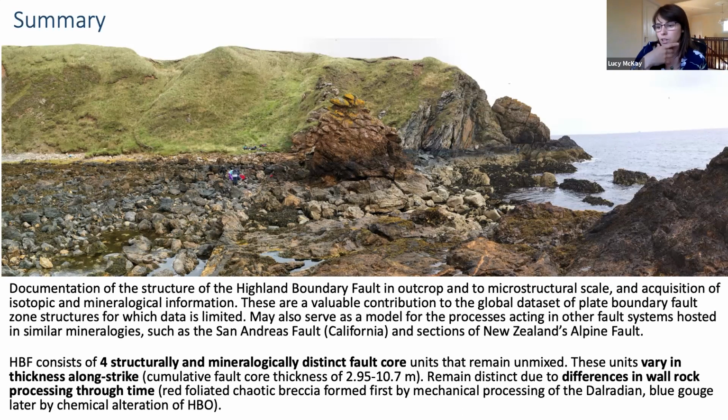It also has similarities to other fault systems hosted in similar mineralogy, such as the San Andreas, and even sections of New Zealand's Alpine Fault. The Highland Boundary Fault consists of four structurally and mineralogically distinct fault cores, which all vary in thickness, and the units remain distinct due to differences in how the wall rocks have been processed through time.